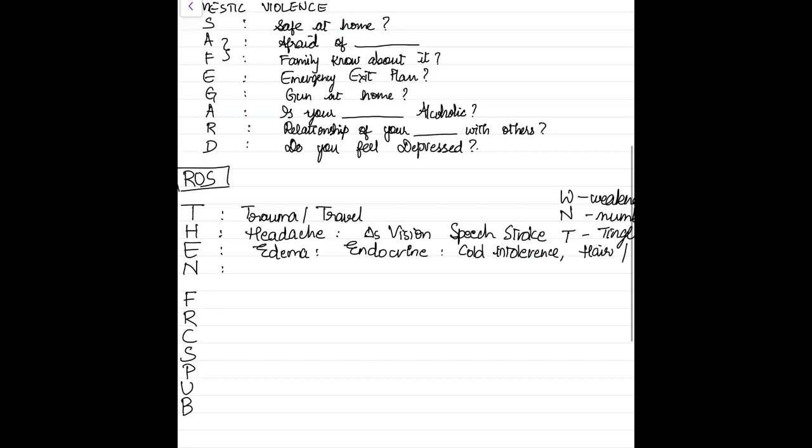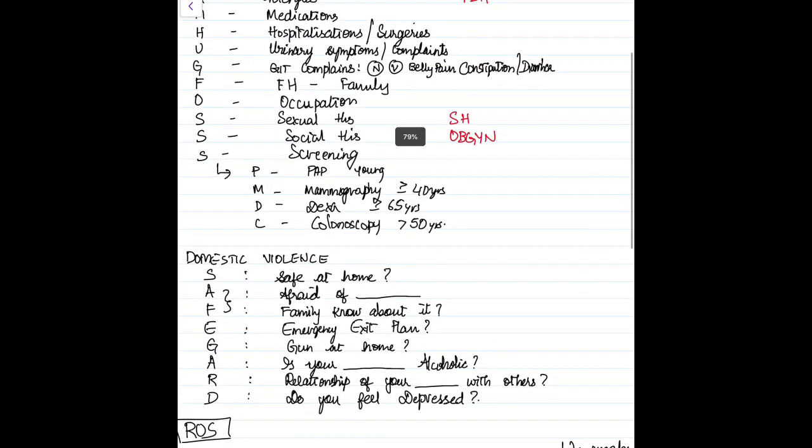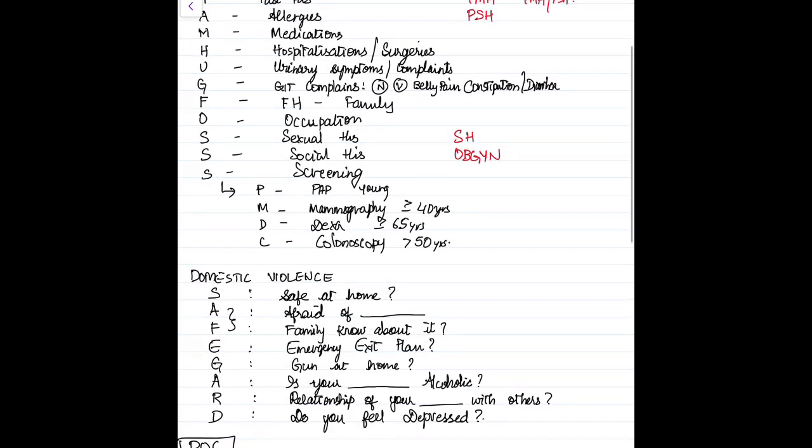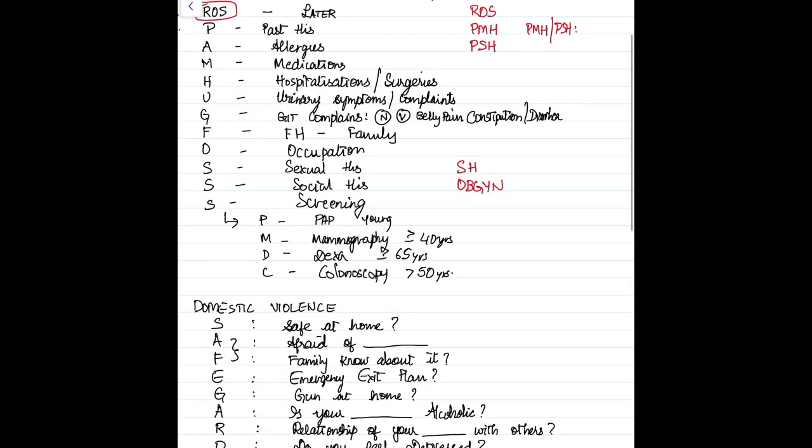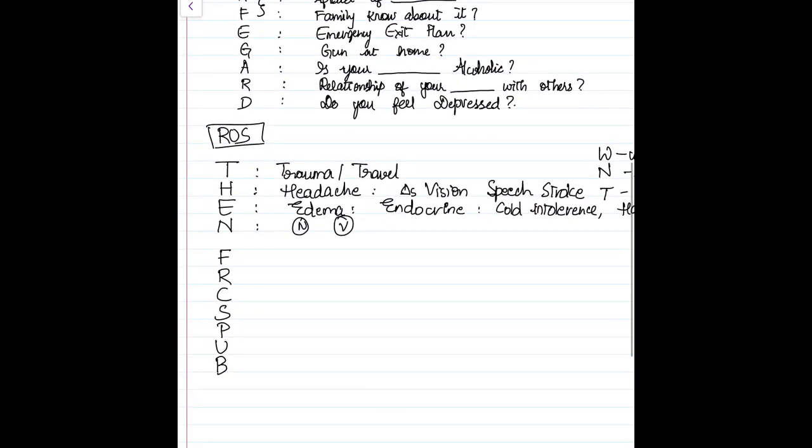And then for N, you have nausea or vomiting, which is also covered in the Pam Hug Foss mnemonic under GI complaints here. Then you have fever, chills, night sweats.